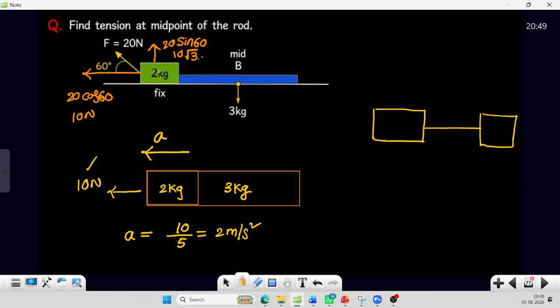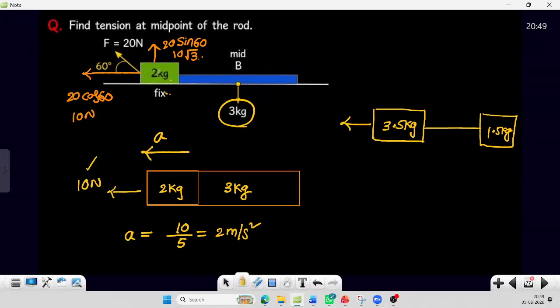Tell me now, what is the total mass of the rod? 3 kg. Now this midpoint means this is 1.5 kg. And this 2 kg is there. So this value is 3.5 kg now.